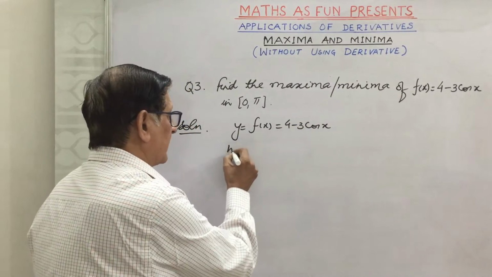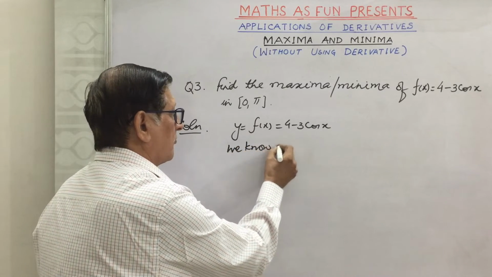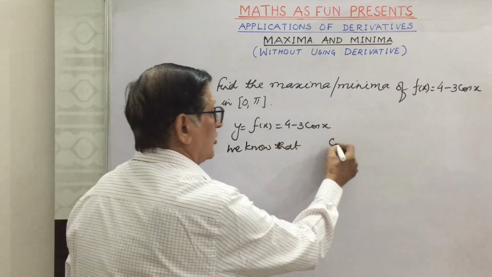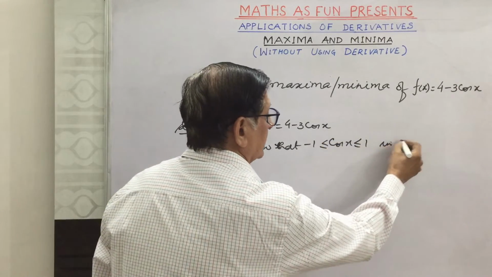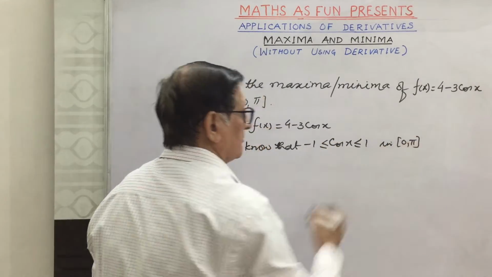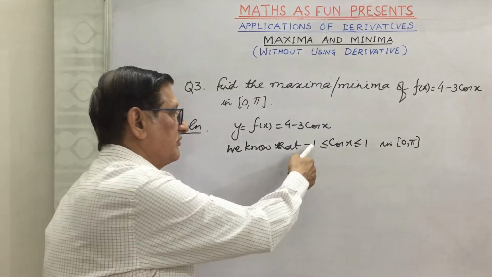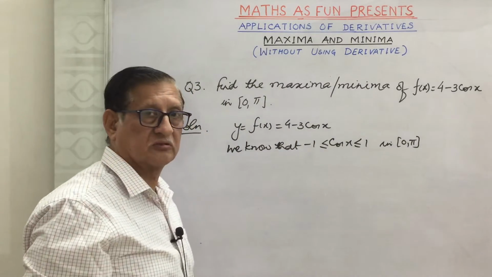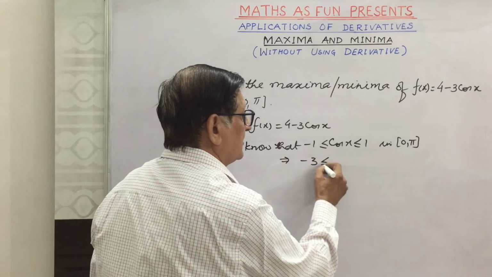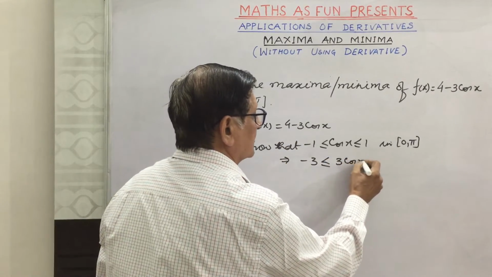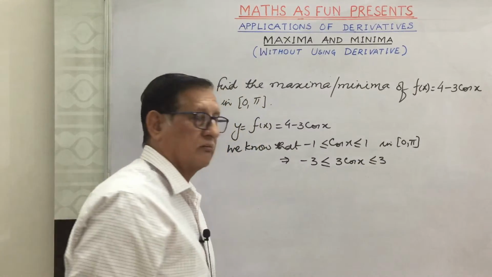In this we know that cos x is lying between minus 1 and 1. This is the minimum value and this is the maximum value of cos x. If we multiply it by 3, we will have minus 3 is less than or equal to 3 cos x is less than or equal to 3.